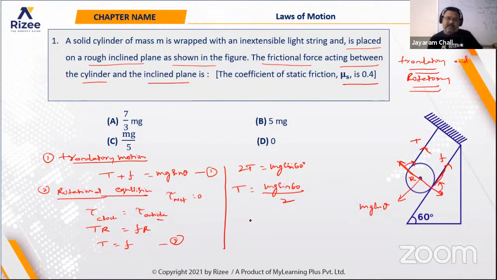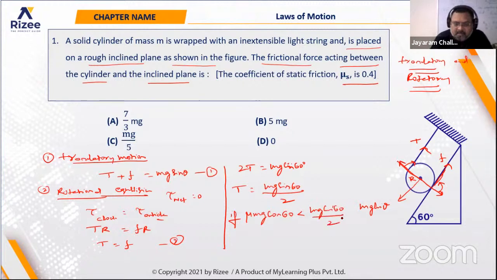For this not to be in equilibrium, mu into mg cos 60 comes out to be less than mg sine 60. You can substitute the values and verify this. So obviously the cylinder is no longer remaining in equilibrium, it is just tending to move. That means the frictional force is going to be the kinetic frictional force, that is mu k into mg cos 60.